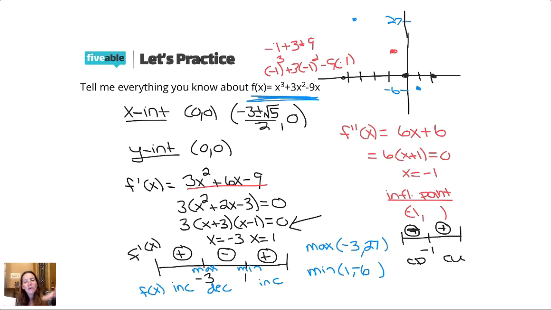If I plug in a number bigger than 1, I get a positive number times 6. So I get positive. When the second derivative is negative, our function is concave down. When our second derivative is positive, our function is concave up. So that means we have an upside down u at the beginning and then a right side up u at the end. And you can see that happen, right?